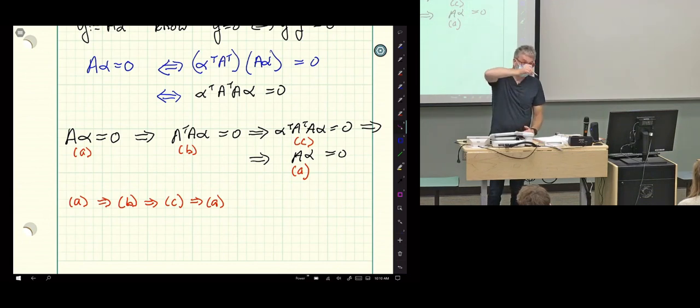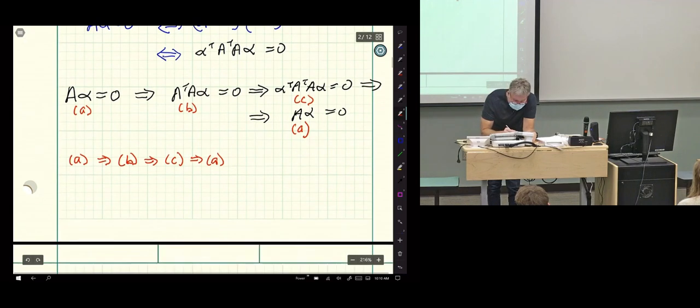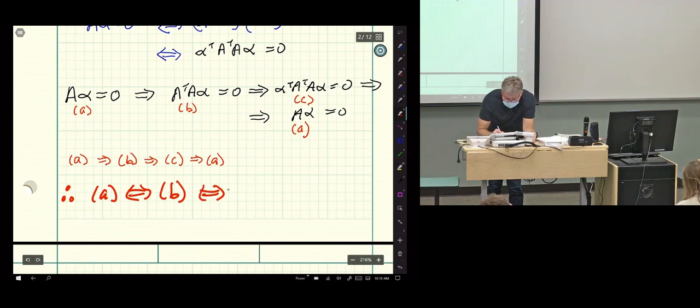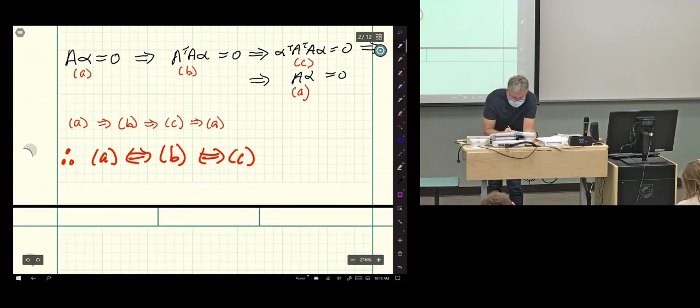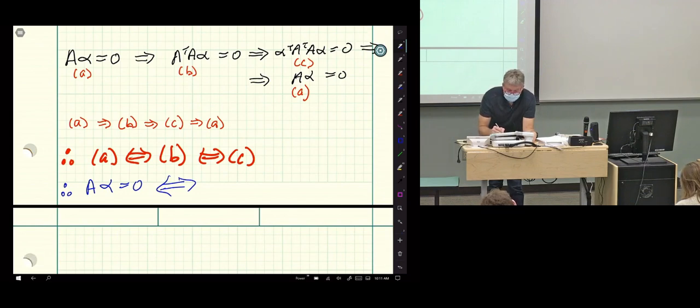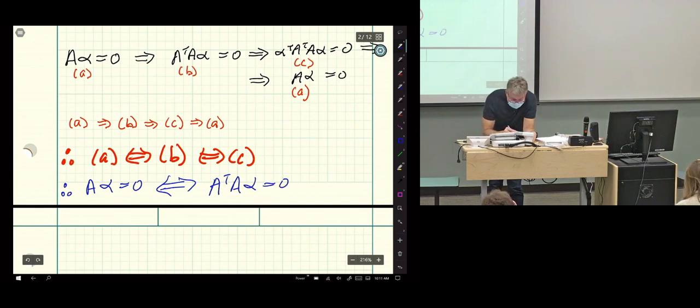It means they're all equivalent, because A implies B implies A. So A if and only if B. B implies C implies A implies B, etc. So we have, as a conclusion, A if and only if B, if and only if C. And for us, we only care about A alpha equals 0 is A, if and only if B holds, which is A transpose A alpha equals 0. That's the only part we care about.